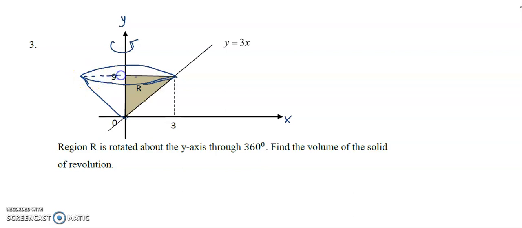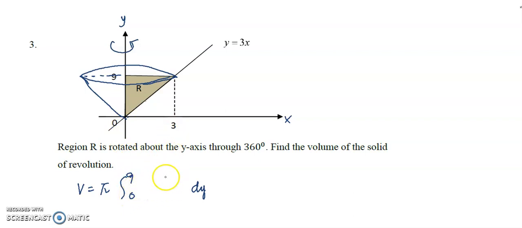Yes, this is a cone shape that we can form if this triangle R rotates about the y-axis through 360 degrees. Now to get the volume of the solid, we need to use the formula. Start from pi, and now we need to integrate from 0 to 9 because the region is rotated about the y-axis. We need to integrate with respect to y. And the lower limit and upper limit also we need to get from the y-axis, that is from 0 to 9 for this case.